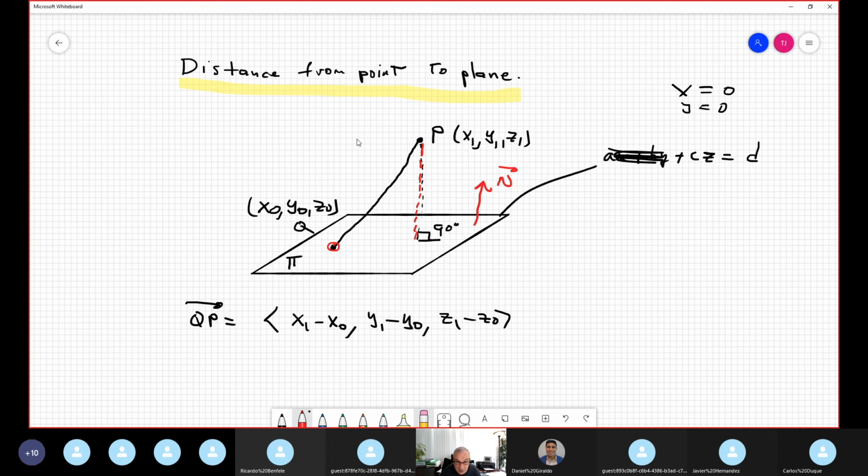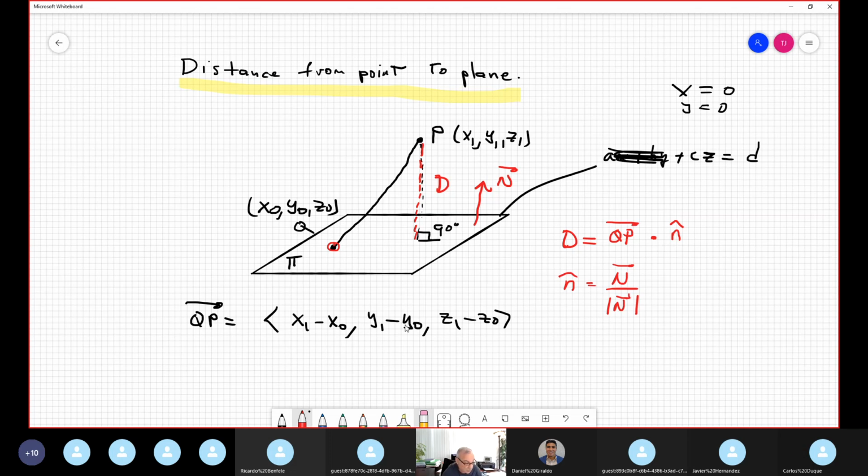Okay? When it's perpendicular, it's vertical. When it's parallel, it's horizontal. So basically, the formula is you project: the distance d is the vector QP dot product the vector little m, and little m is the unit vector in the direction of the vector m. It is the m vector divided by the magnitude of m. Okay, and you find the distance. Wow, super easy. Plane and point is easy.